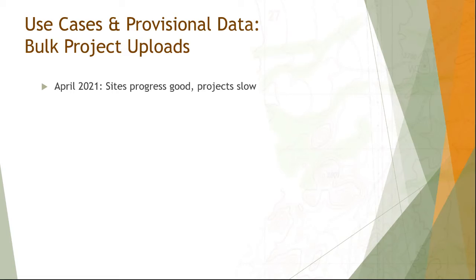And that was kind of because we were thinking about everything at the project level. So many projects carry with them a number of sites, and so we were going through and doing one project at a time with the associated sites, prioritizing projects with a lot of sites. So the sites progress was going quite a bit faster than the projects.